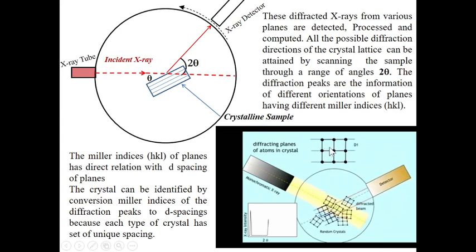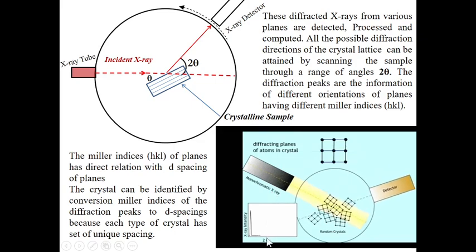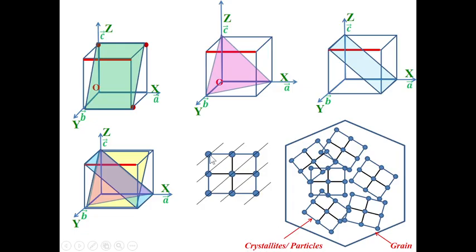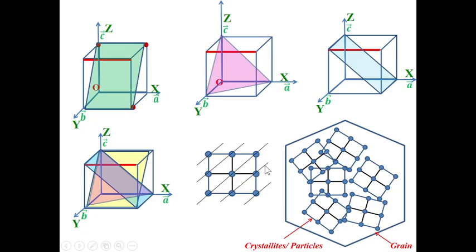That means for this 2 theta angle, these planes have been detected, or you can say the diffraction happens from these planes, and constructive interference happens. But at another angle of 2 theta we found the diffraction from these planes, because if 2 theta rotates, obviously the crystallite is going to rotate.